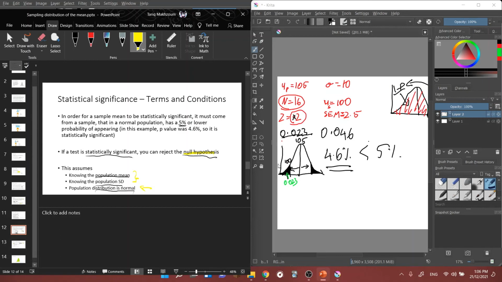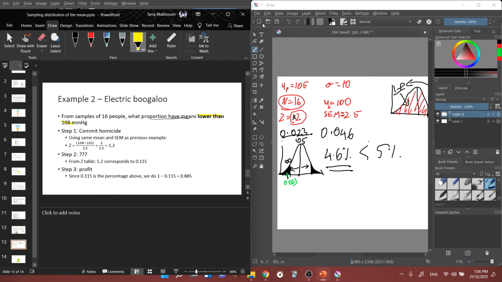Because we're working with sampling distributions, and we converted a sampling distribution into normal, we know for a fact that the sampling distribution is almost normal, and so we can just assume that it's normal.